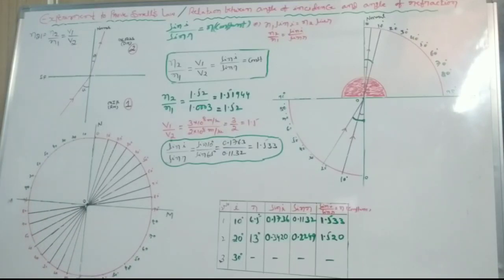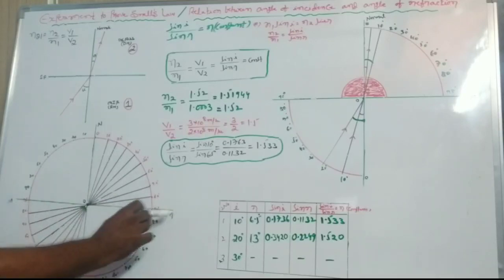Mark the line as NN, which is normal to the other line marked as MM.